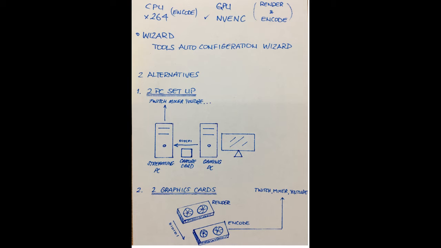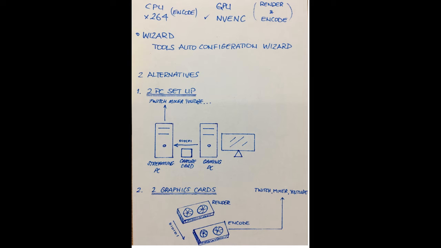I've also heard of a second alternative where you run 2 separate graphics cards. So you have a powerful graphics card which will be running your game. It'll send the information only to encode from the second graphics card. So the second graphics card can be of a lower spec.